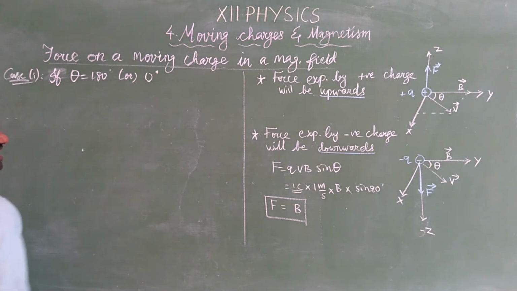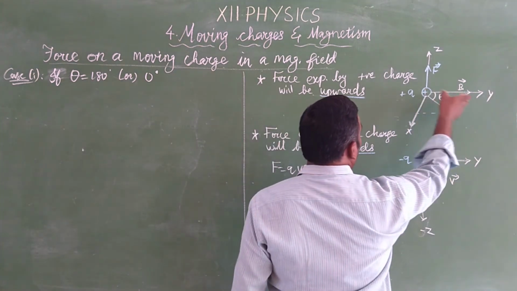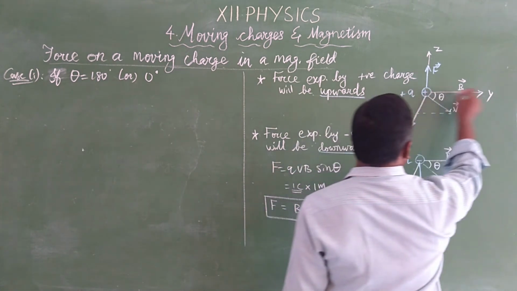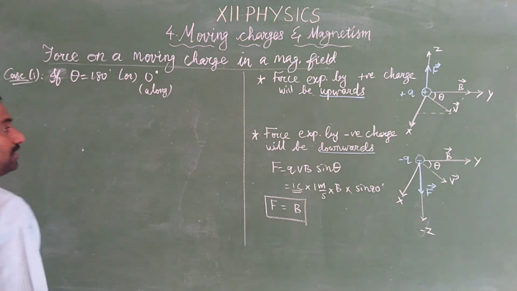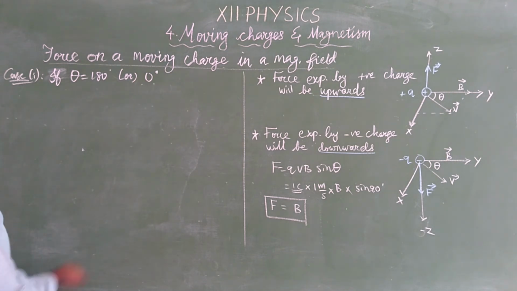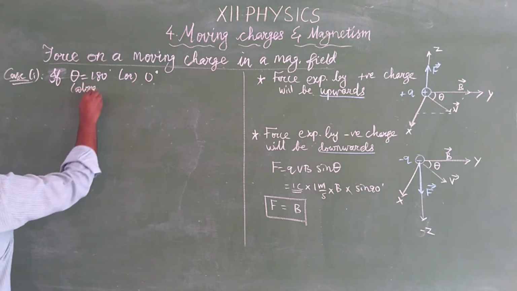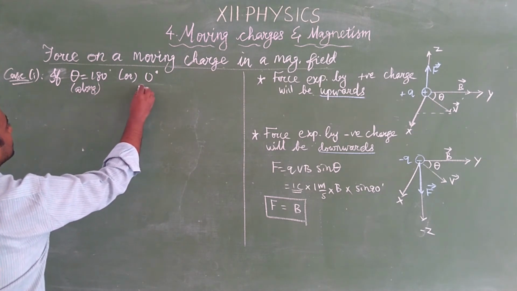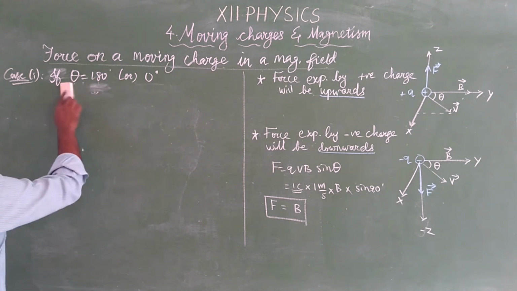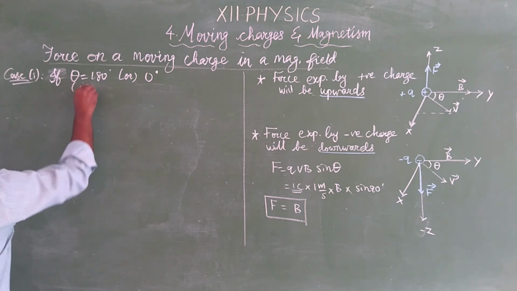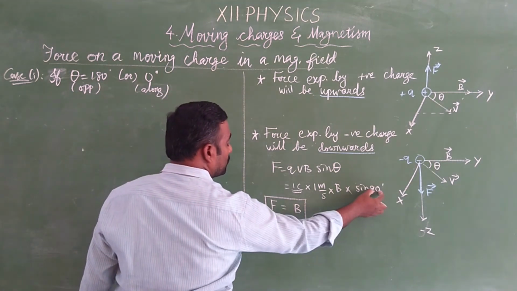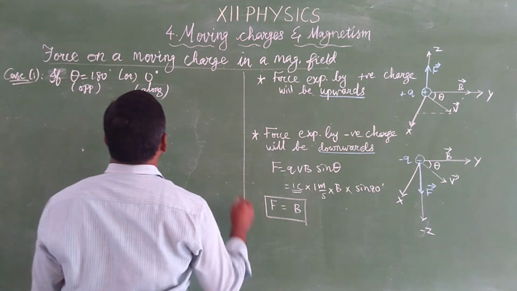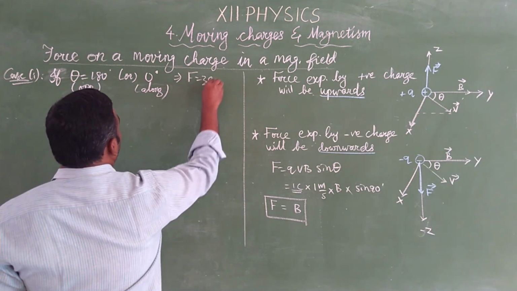Theta of 180 degrees means the particle velocity is along the direction, and 0 is opposite. Sorry, I'm saying it wrong; this is opposite and this is along. So what is the answer? Theta is 180 or 0, sin 0 is 0, so the force is also 0.